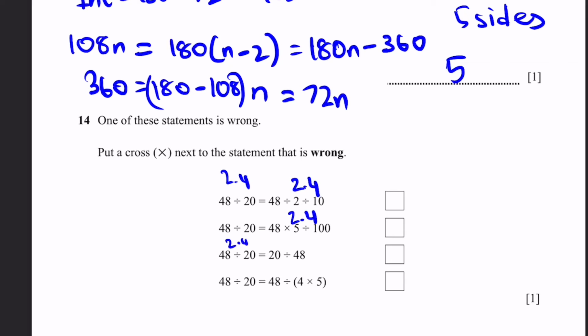This will be 2.4, and 20 by 48 will be less than 1, which is obviously not equal to 2.4. So that's the cross. Let's just see the last one. 48 divided by 20 equals 48 divided by 4 into 5. So you have to do the brackets first. That'll be 20. So 48 divided by 20 is 2.4 on both sides. Therefore, the third statement is wrong.